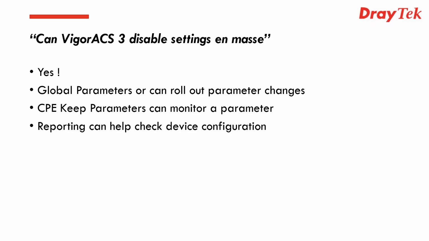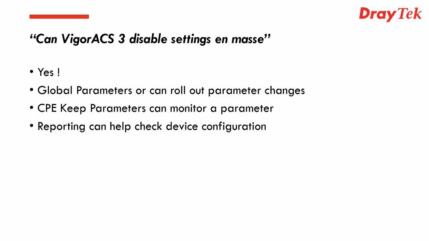So specific parts of the configuration, is the firewall still enabled? Potentially that might have been one of the parameters that was applied in the profile. And if the CPE responds with a value that does not match the is keep value, then ACS has the ability to roll back what the parameters should be on that device, keeping those devices with the correct configuration in place using that keep parameters function.